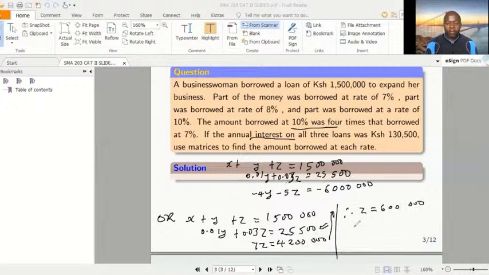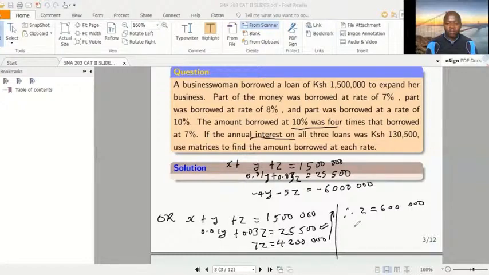So you find that y will then be 750,000. Now move to the first equation, substitute y with 750,000, and z with 600,000, and then make x the subject, and x will be 150,000.